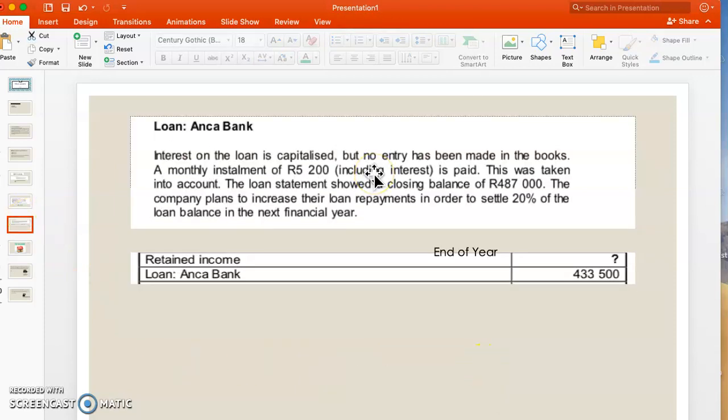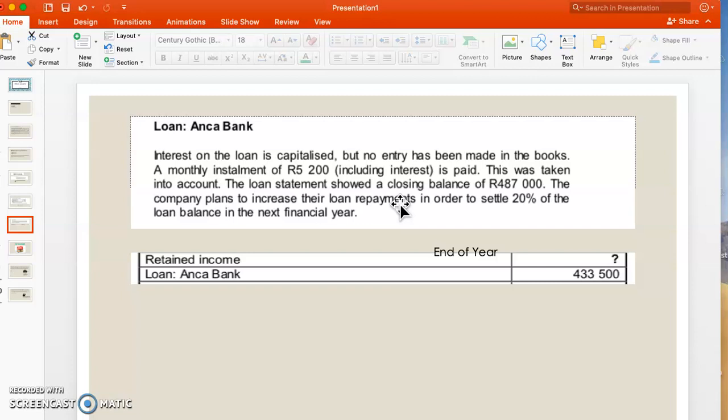Okay, so this one is a little different. I'm going to read the question for you because I know that you don't have this. Interest on the loan is capitalized, but no entry has been made in the books. A monthly installment of 5,200 Rand, including interest, is paid. This was taken into account.